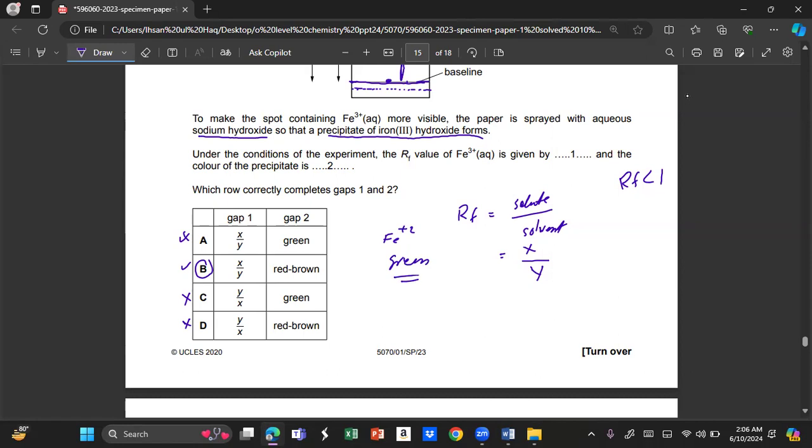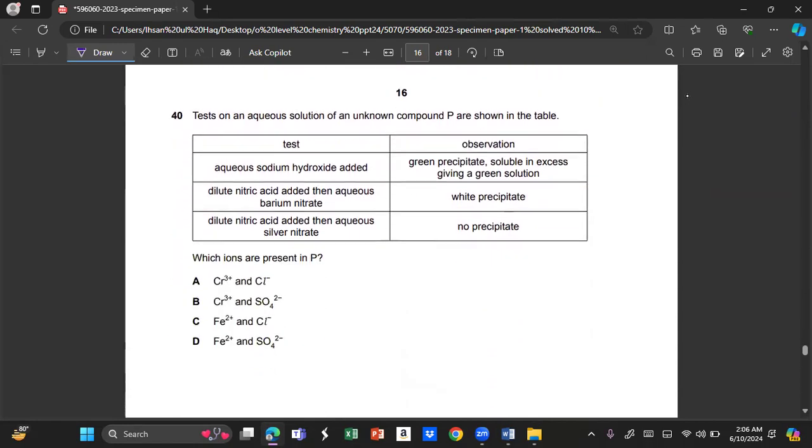Hope you understand. Okay, let's move to the next topic. Next question. Tests on an aqueous solution of an unknown compound P are shown in the table. Test: aqueous sodium hydroxide added; dilute nitric acid added, then aqueous barium nitrate; dilute nitric acid added, then aqueous silver nitrate. Observation: with sodium hydroxide, we have a green precipitate, soluble in excess, giving a green solution.